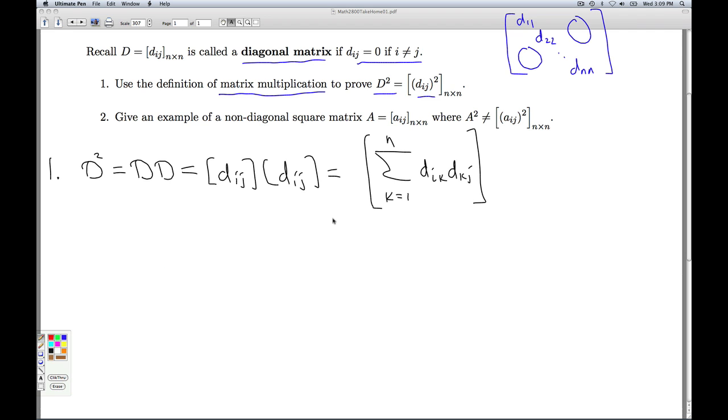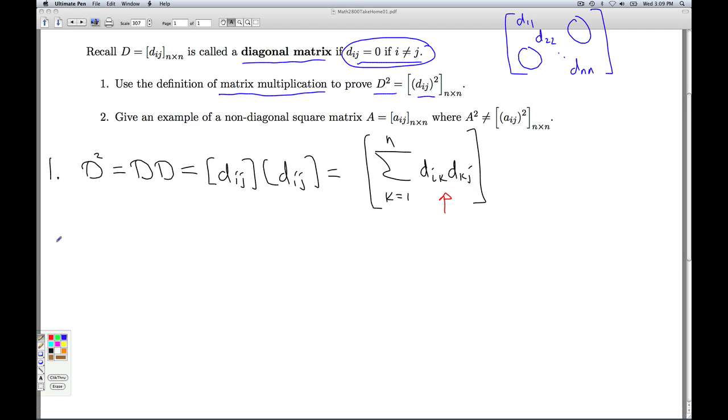And so the key to the proof is now looking at what this sum is going to be in the various cases. So what do I know about this matrix? It's diagonal. So I know it has this property: whenever the subscripts are different, the entry is going to be 0. So if I look here, if i and k are different, d_ik will be 0, which is going to zero out that term. And the same thing is true for the d_kj.